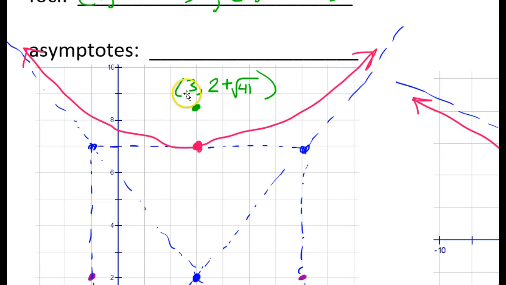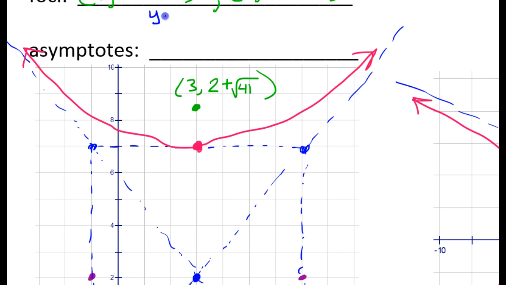All right, the last thing we need to do is state the equation of the asymptotes. So look, you can use the following model for the equation of the asymptotes of any hyperbola. This is really just point slope form for the equation of a line, but I'm going to use the center.